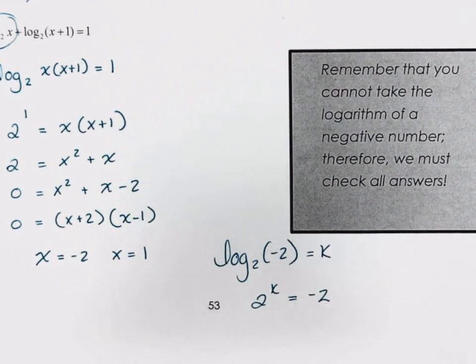Is there any exponent that would make my base positive, negative? No, there's not. So if you have a negative argument, we have to reject it because there's no exponent that will turn my base negative. I hope that makes sense.